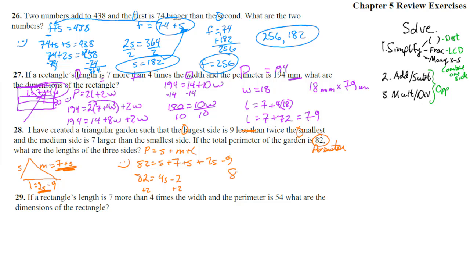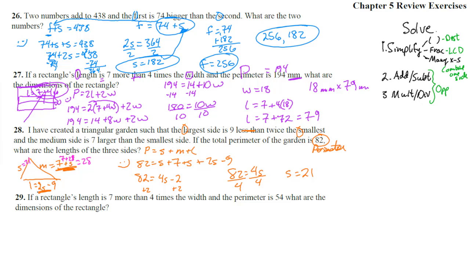We get 82 equals 4S. Divide by 4, divide by 4. S is going to be, let me see, 8 divided by 4 is 2. So that's a 21. So the small side is 21. Let's put that in kind of a different color here. Is 21. Then this is 7 plus 21. That's 28.